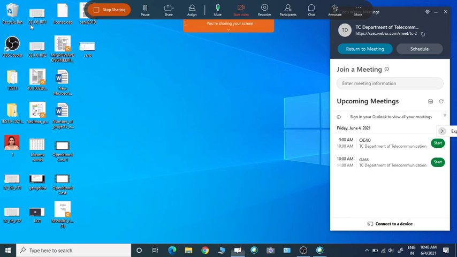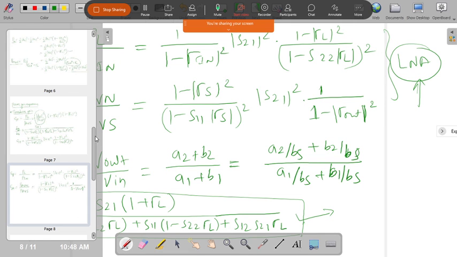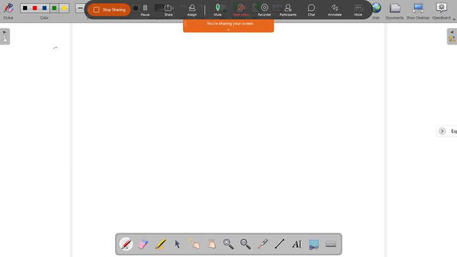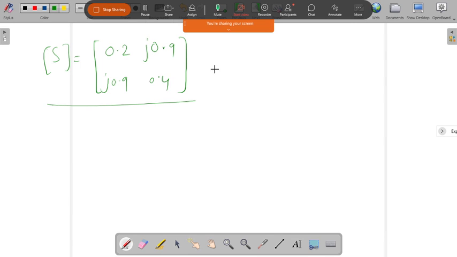Let us look at a problem for the properties of S parameters. The S parameters given are 0.2, j0.9, j0.9 and 0.5.